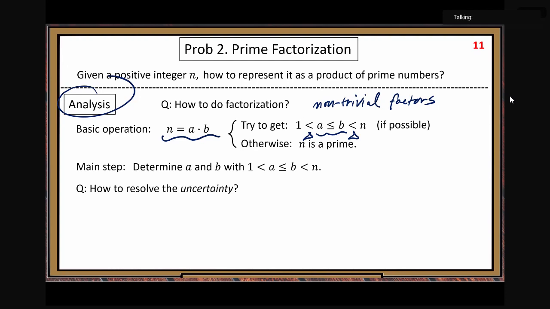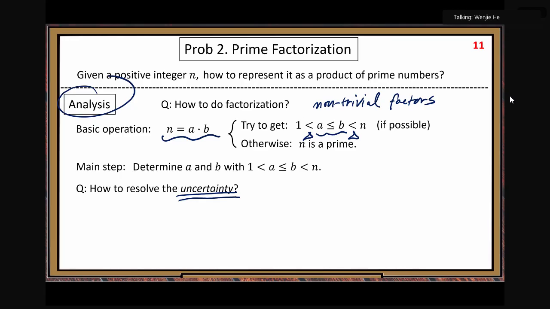In problem solving, when you are given a general computing problem, sometimes you feel the problem is hard. Why is the problem hard? Because you need to deal with a lot of uncertainty. The data given contains a lot of uncertainty.